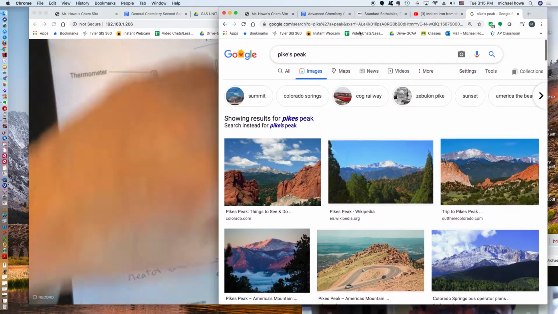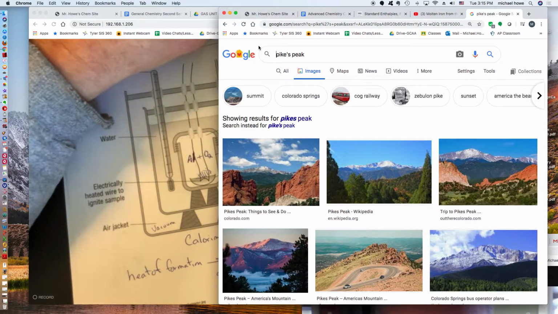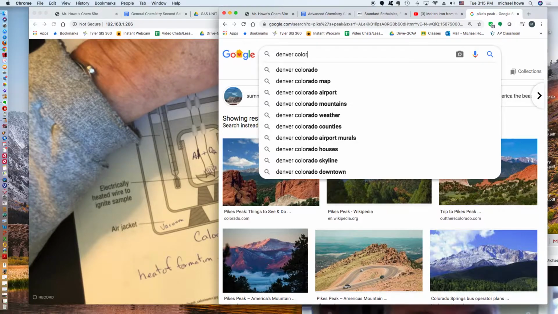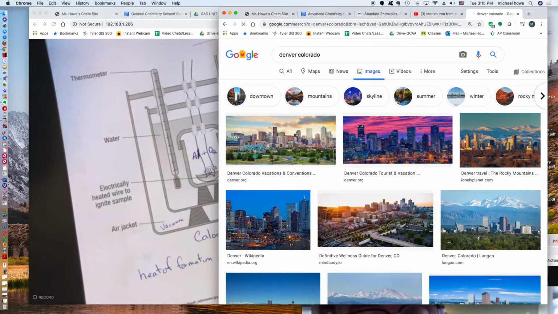As a matter of fact, Denver is called the Mile High City. And if you look at Denver, it doesn't look very high. It basically looks flat right here, doesn't it? So it's a mile because this is a mile above sea level. So sea level is an arbitrary standard of zero.